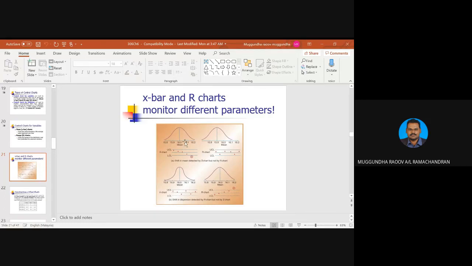For the mean, we add everything and divide by how many numbers. So a shift in the mean can only be detected by the X chart but not the R chart. But if we want to detect the dispersion, it can be done by the R chart but not by the X chart. This is the dispersion chart and this is the X chart.